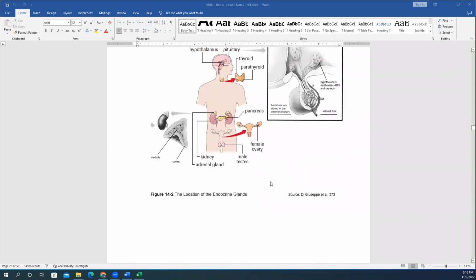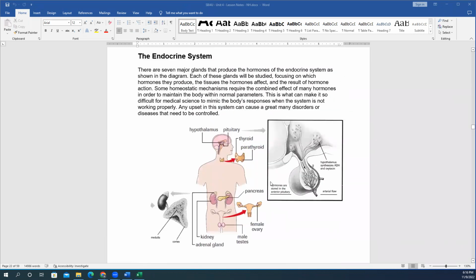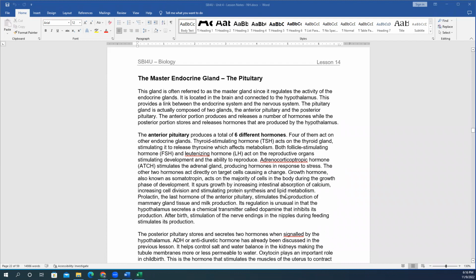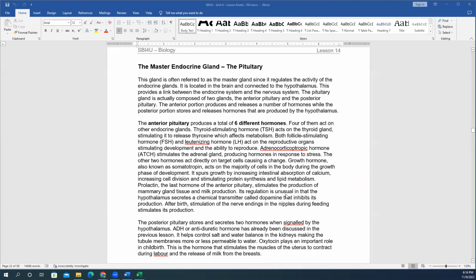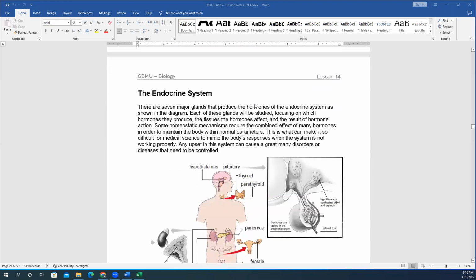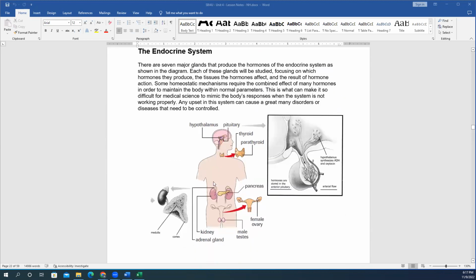And again, these diagrams are from your Nelson textbook. You can also refer to your textbook to read up more about these endocrine glands and their hormones. So central really to all of these endocrine glands is the pituitary gland.